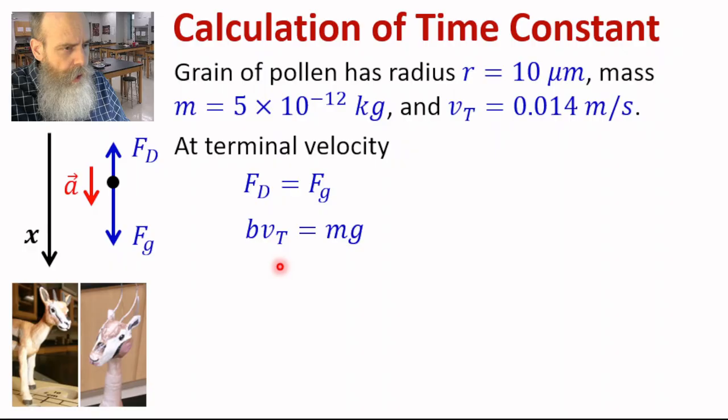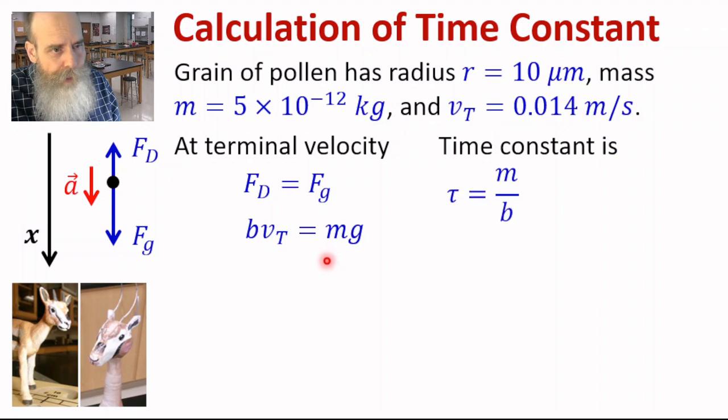For viscous drag, we can write the drag force as b times v. In this case, it's b times Vt, since it is moving at terminal velocity. Force of gravity is mg. The time constant, tau, is m over b. So we can get that from this expression. Just divide each side by bg.